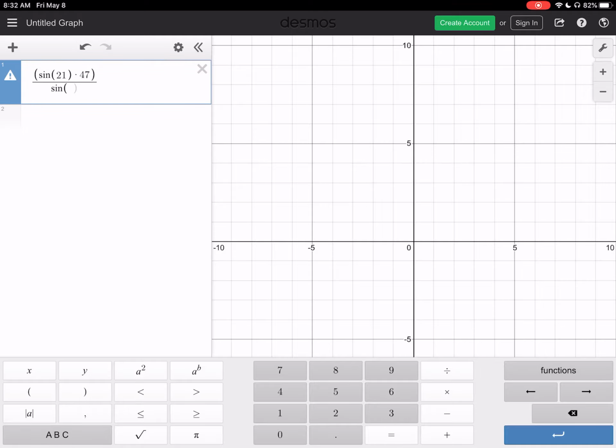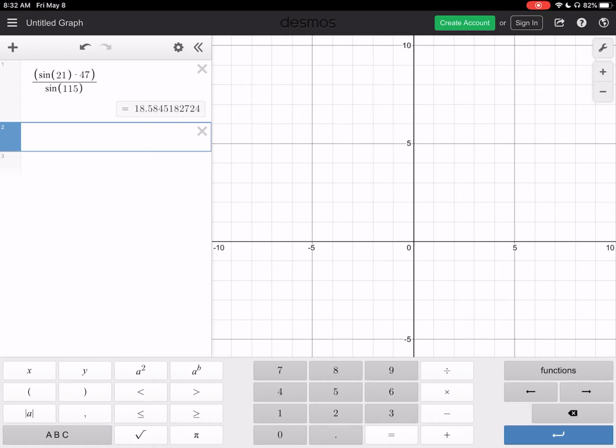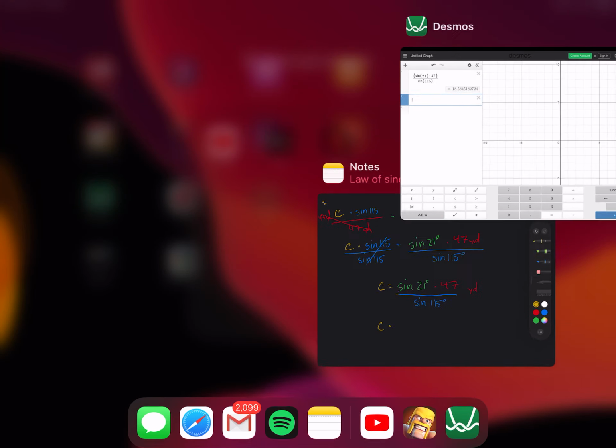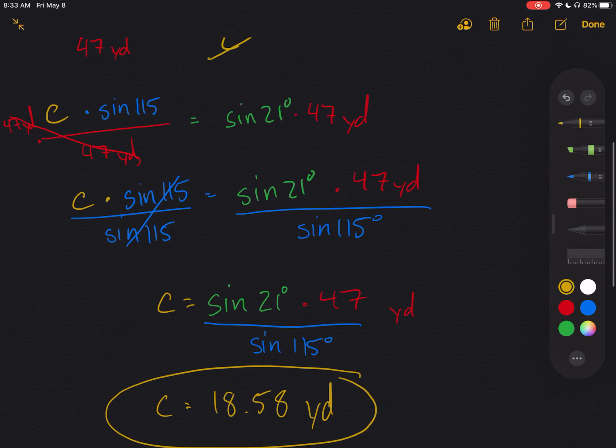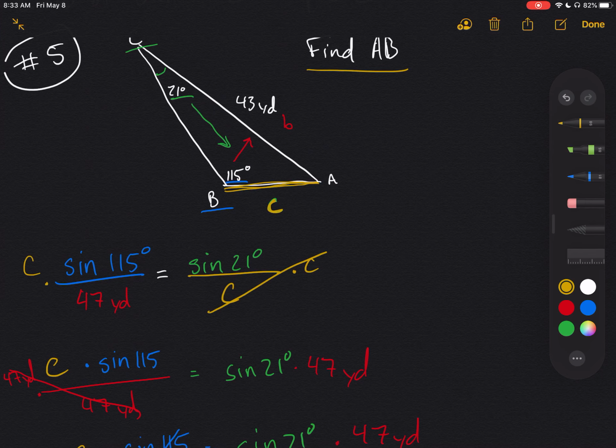Sine 115. And we get that our side length is 18.58, and that is in yards. So our side length here is 18.58 yards.